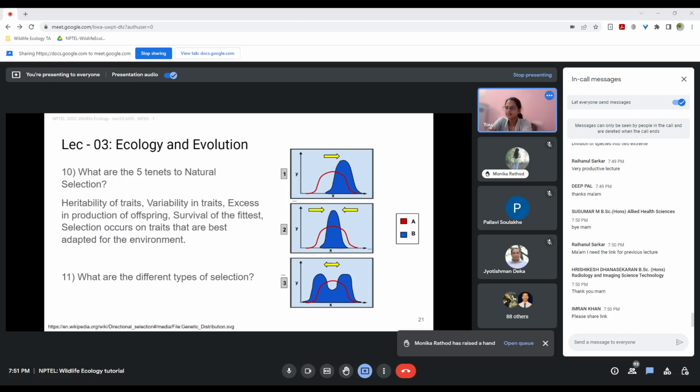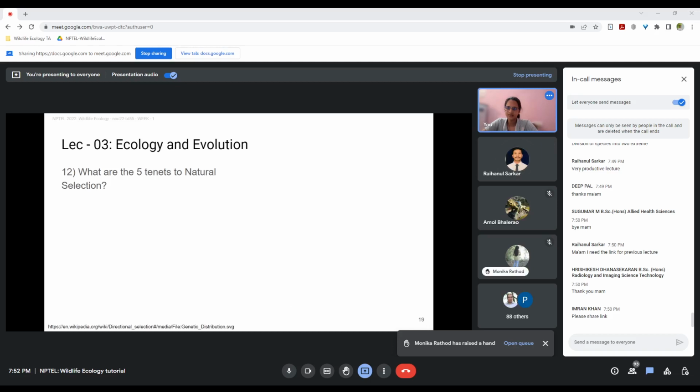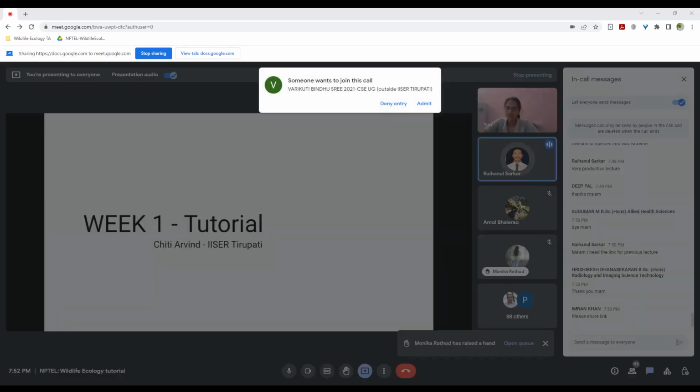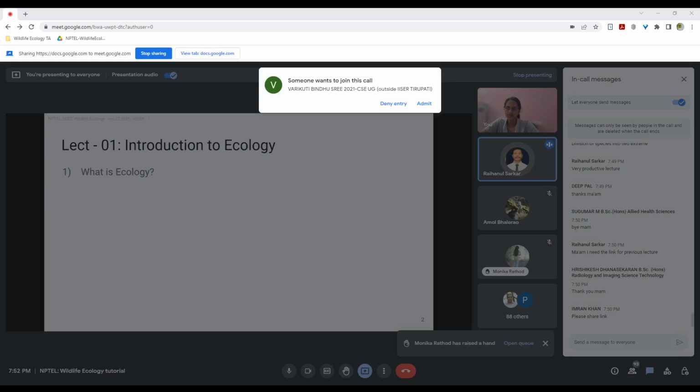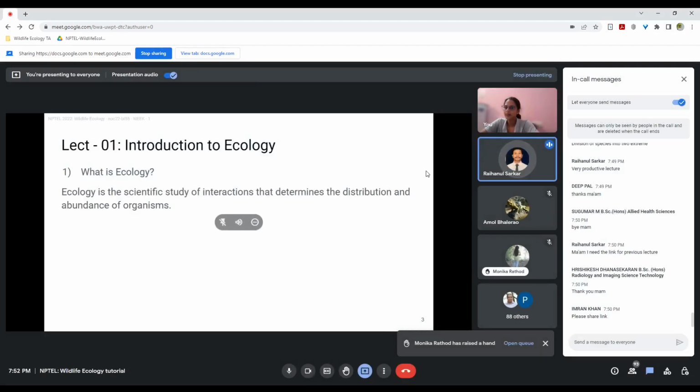Okay, that is not ecology, right? Ma'am, can I try? Sure, go ahead. Ma'am, I guess it is organism, then population, then community, then ecosystem, and then further biosphere, and then biome.